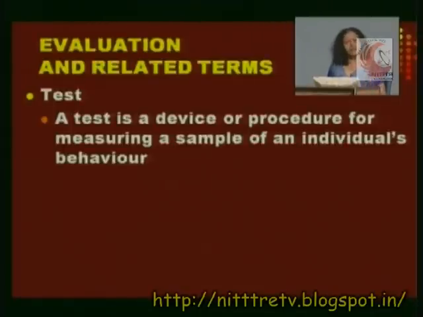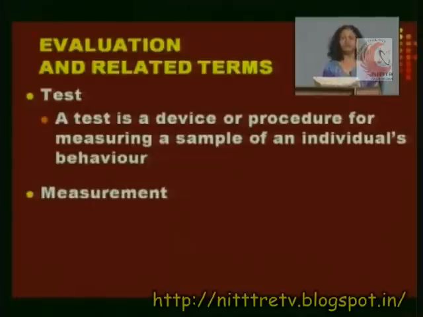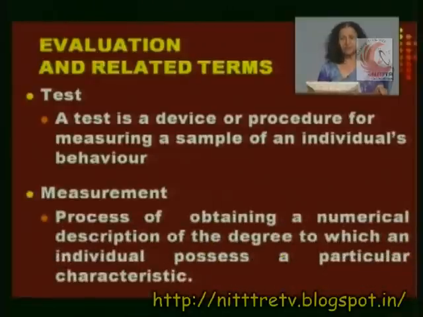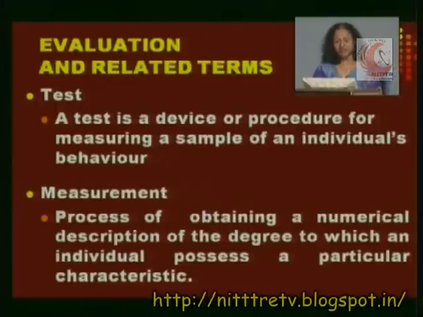Another related term which people generally confuse is measurement. Measurement, again, is a quantitative thing. Say you give the score 50 out of 100. So, this quantitative term is measurement. We can say measurement is just the process of obtaining a numerical description of the degree to which an individual possesses a particular characteristic.